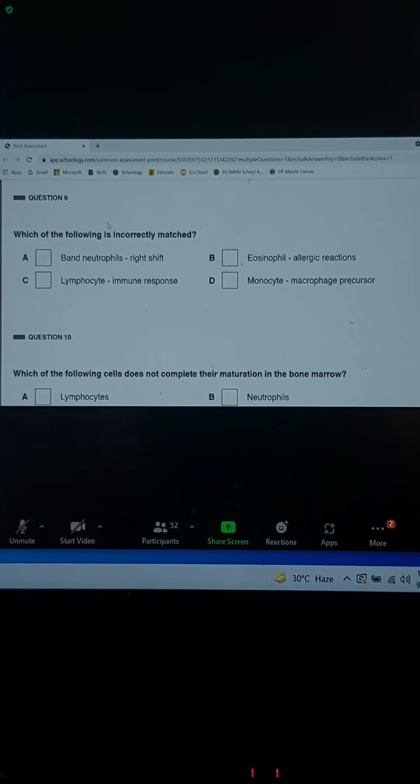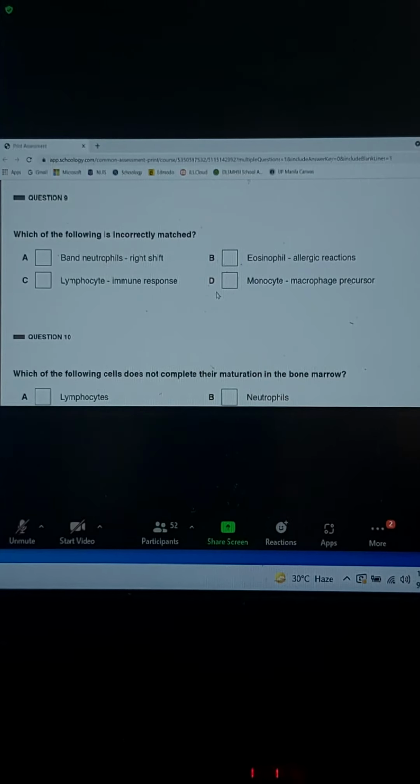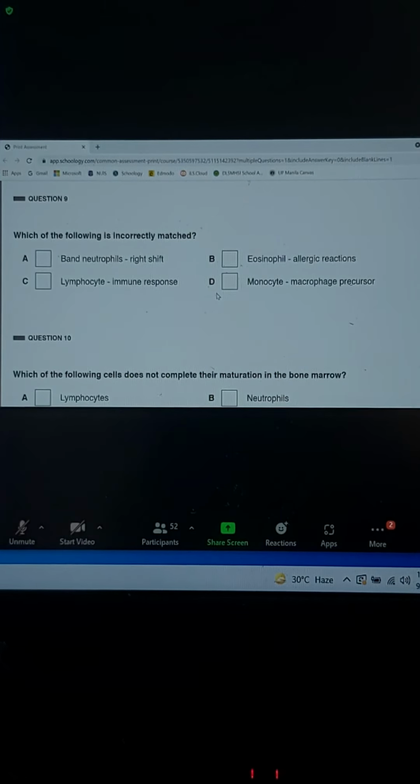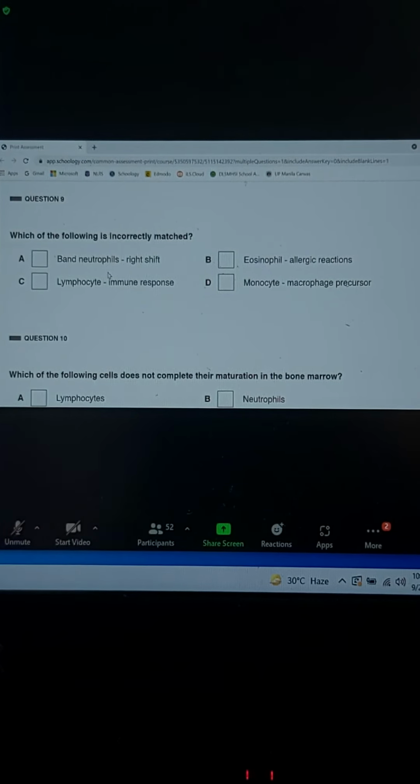Question number 9. Which of the following is incorrectly matched? So the correct answer for number 9 is letter A. Okay? So band neutrophils right shift.